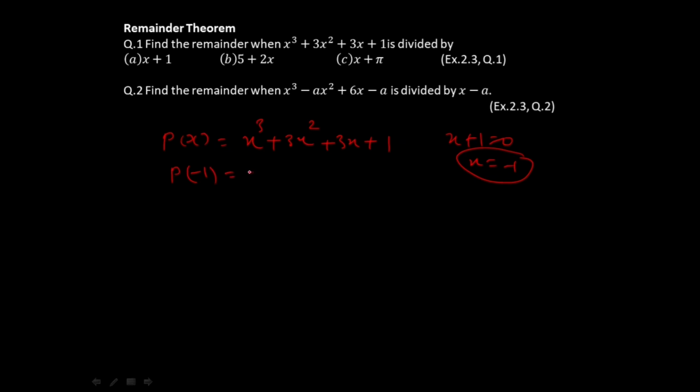Replace x by minus 1: minus 1 cube, minus 1 whole square plus 3 times minus 1, plus 1. Three times negative 1 is minus 3, plus 1. This will get cancelled, that also gets cancelled. So p of minus 1 is coming 0. It means what is my remainder? That is 0 only.